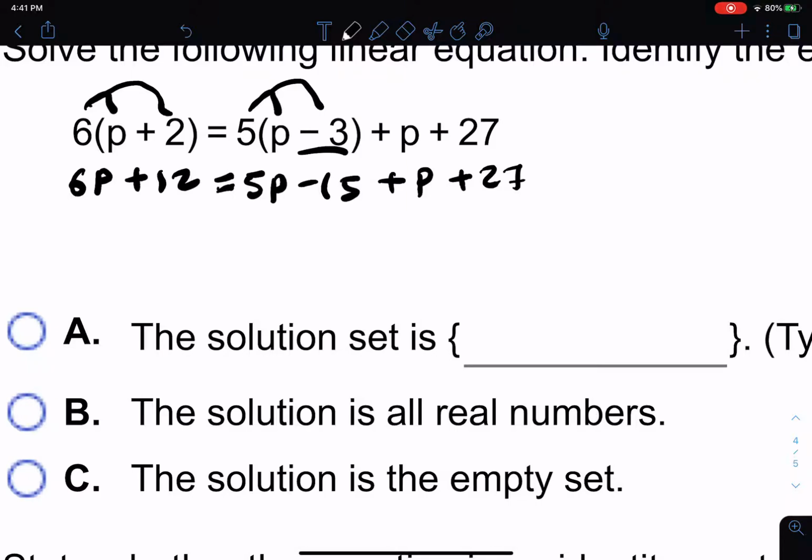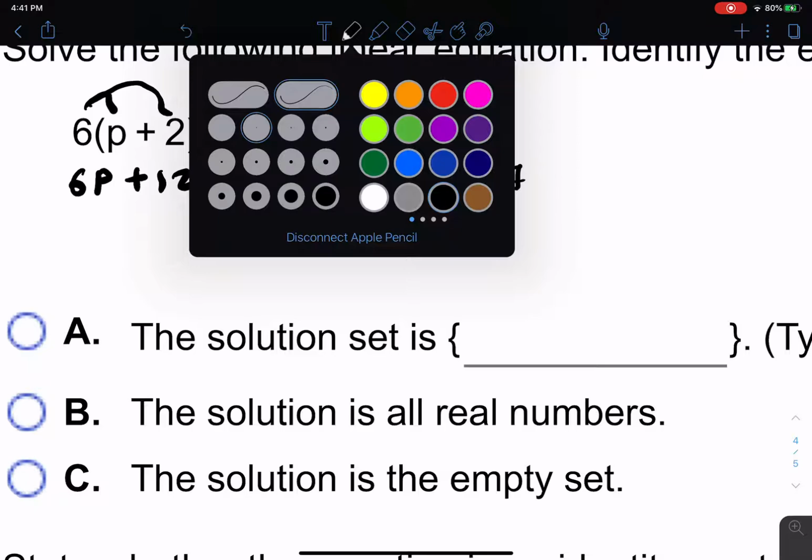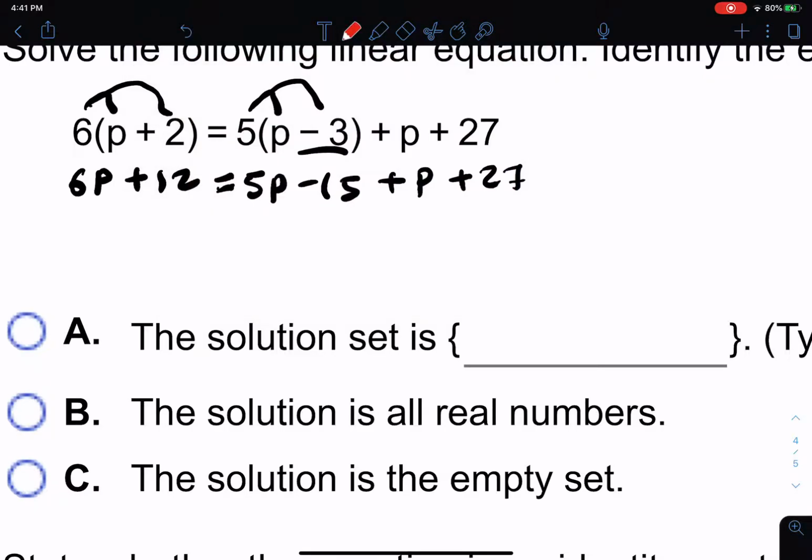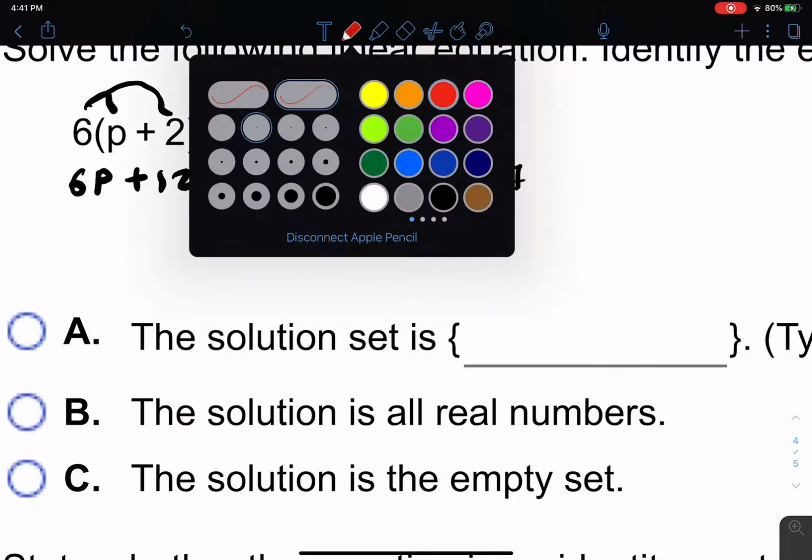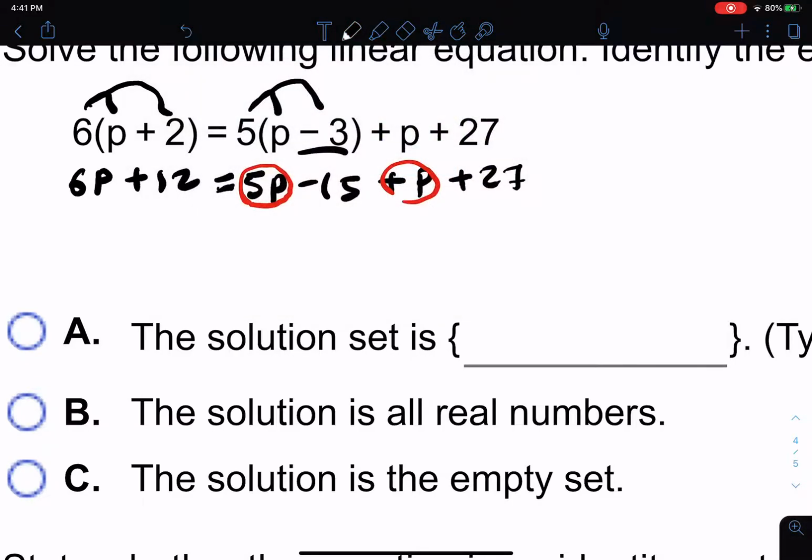And before I start isolating, I want to clean up, simplify, combine like terms. So 5p plus 1p is 6p. Okay, and then what else do we have?